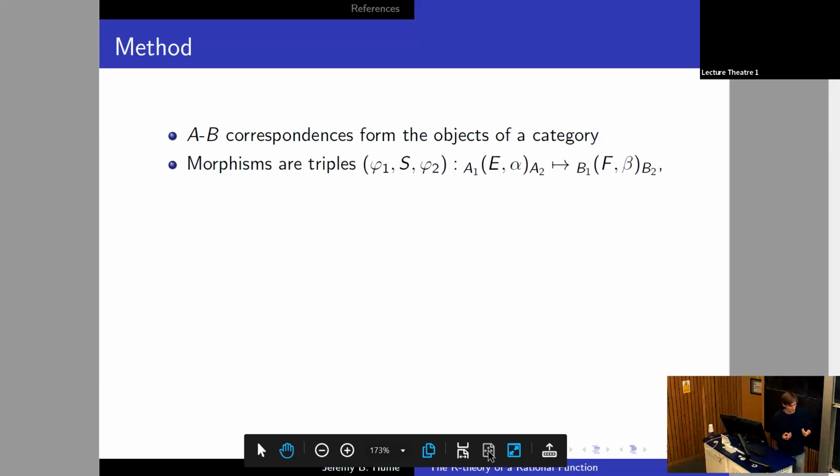This sort of generalizes, so a correspondence is like a generalized morphism between C-star algebras. So if you restrict to the case where that morphism is actually a star homomorphism, this morphism just turns out to be sort of a commuting square of star homomorphisms.